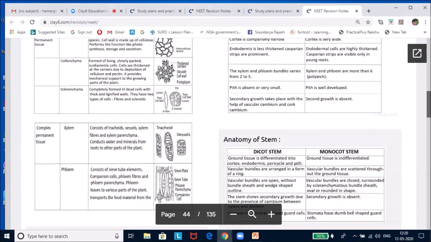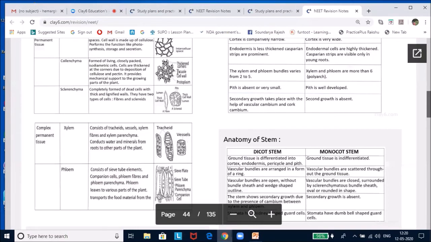Now let us look at the next tissue, collenchyma. Collenchyma occurs in layers below the epidermis. They are found as a homogeneous layer in patches. Cells are thickened at the corners due to the deposition of cellulose, hemicellulose, and pectin. So in the previous one, it was only cellulosic cell walls.